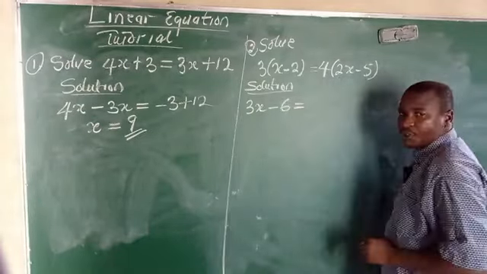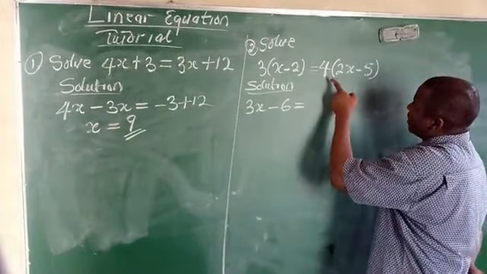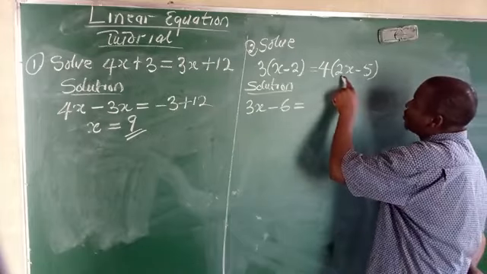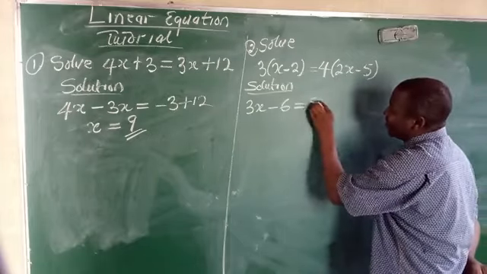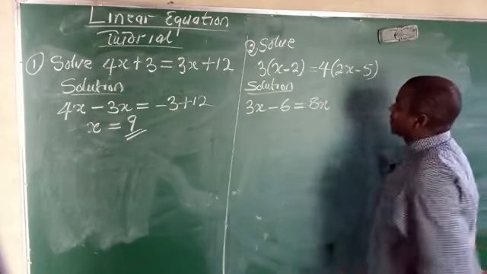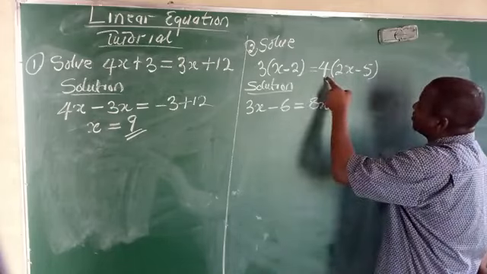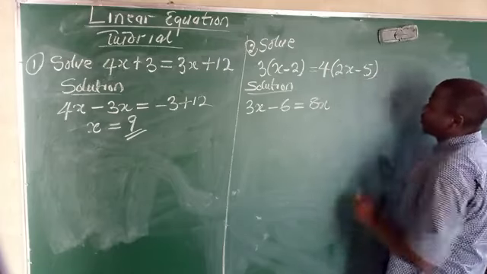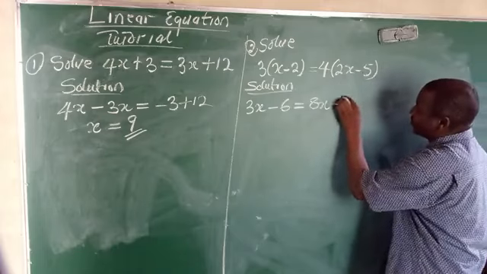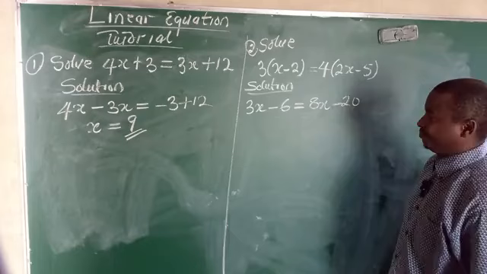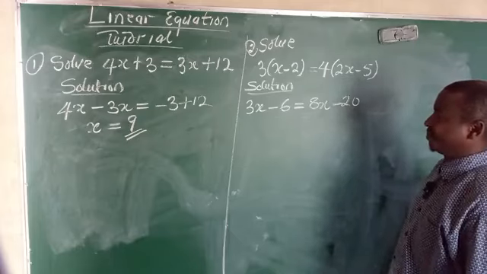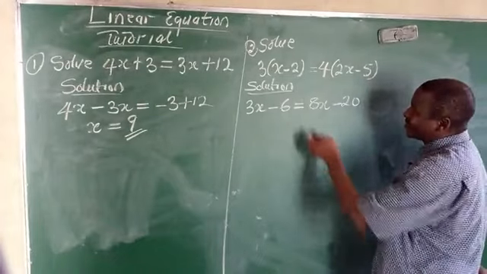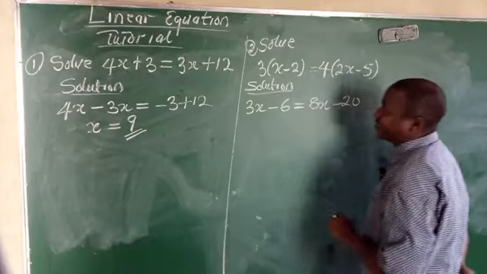Then we come to this and also open this bracket. 4 times 2x gives us 8x. Then 4 times minus 5 gives us minus 20. So you see, by opening the bracket, it is now looking like the first question.